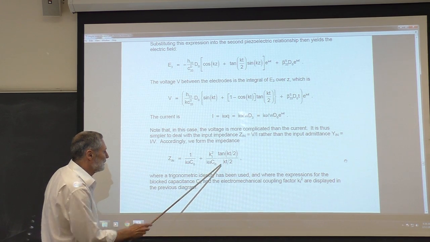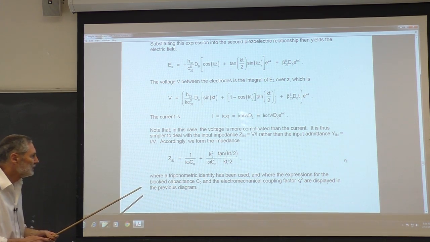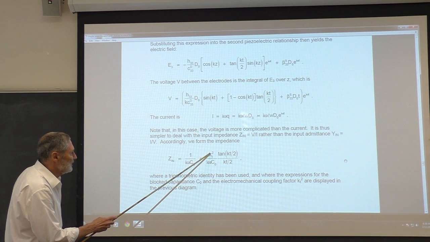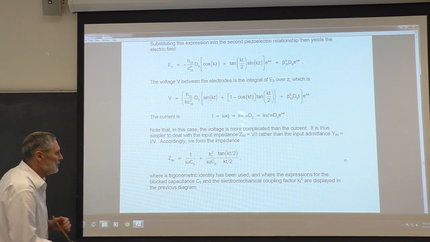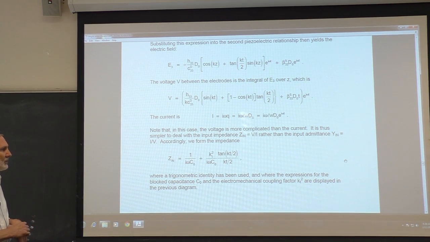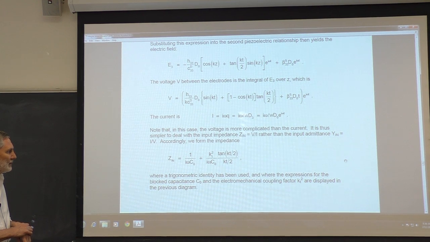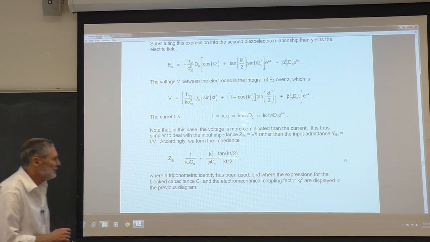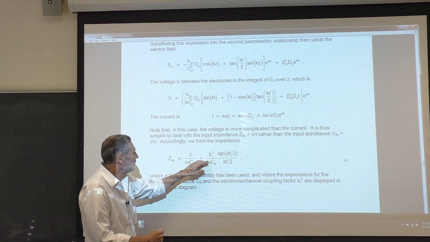So we've used that identity here. Also, there's a bunch of constants that have been lumped into this k squared here. This is a coupling factor, an electromechanical coupling factor in the thickness direction.